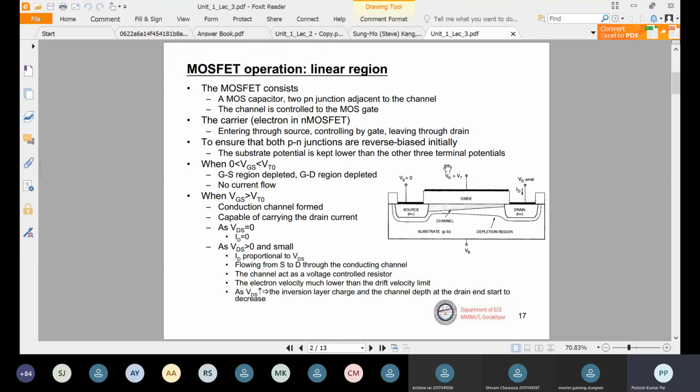If the gate voltage is less than the threshold voltage, there will be no channel formation, and the channel region will have a depletion region. So this will be called a depleted channel, and there will be no current flow if the gate voltage is less than the threshold voltage.